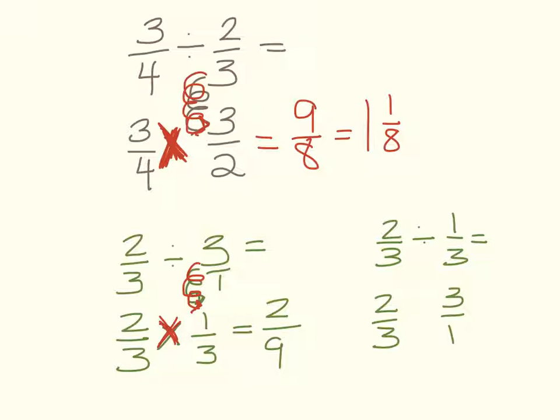In this case, I'm leaving it in an improper form because I'm flipping and multiplying. Flip the second and multiply, and I get 6 over 3, which equals, in this case, 2.